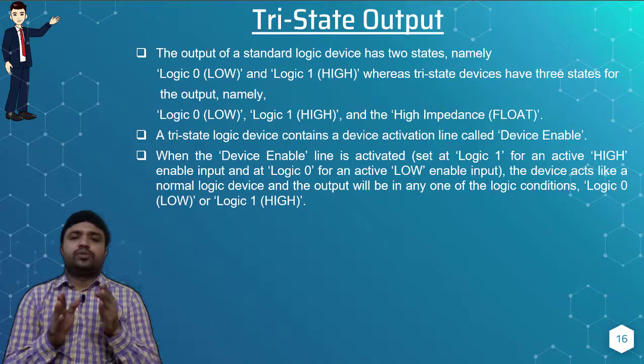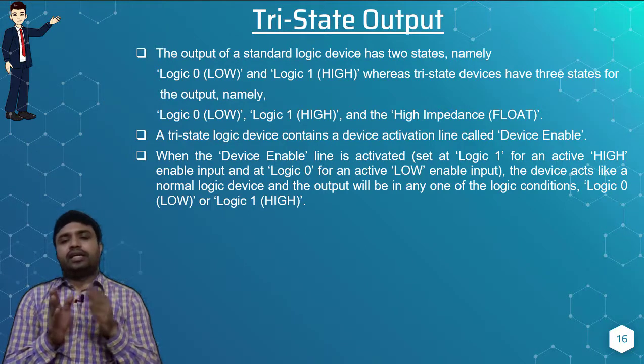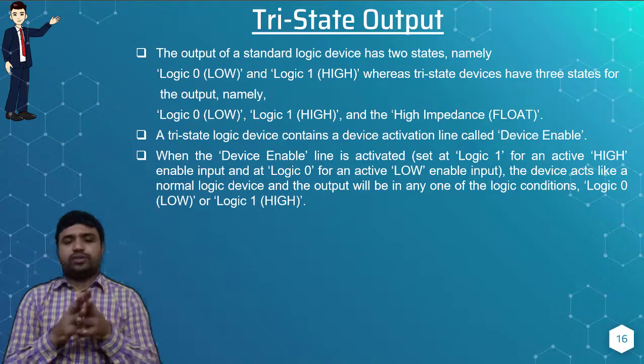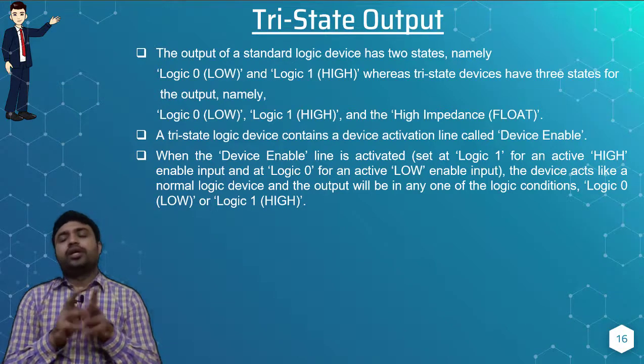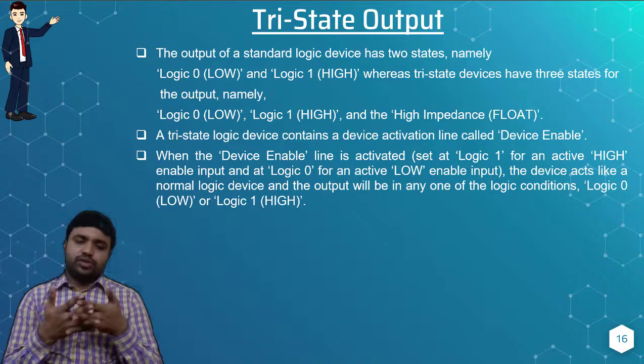Okay, so automatically an active high enable input will be at logic 1 and an active low enable input will be at logic 0, and the device will act like a normal logic device and the output will be in any one of the logic conditions, that is a logic 0 or logic 1.